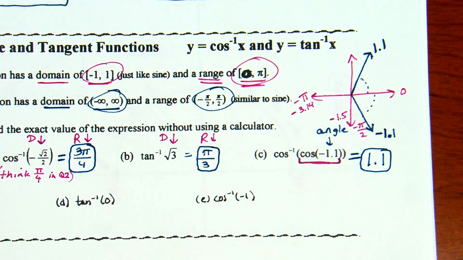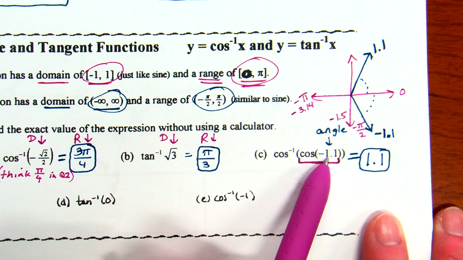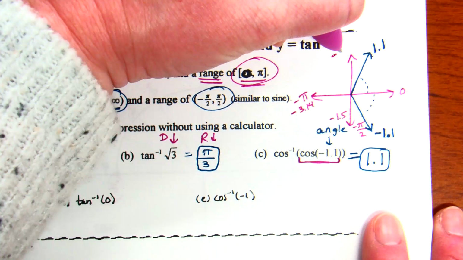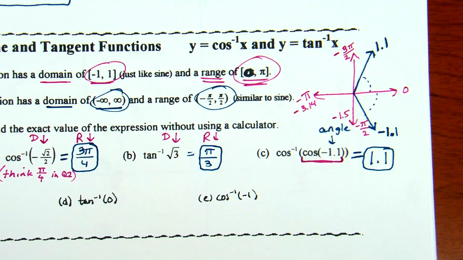So what would be up top of the regular system is negative pi, and then what would be up top? Since they gave us negative 1.1, we're going this way, right? This was negative pi over 2, so negative 1.5. This was negative pi, so negative 3.4. So if we're going negative, this would have been negative 3 pi over 2, which I'm going to go with approximately 3 plus another 1.5.